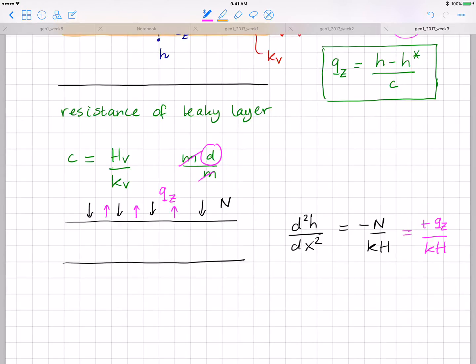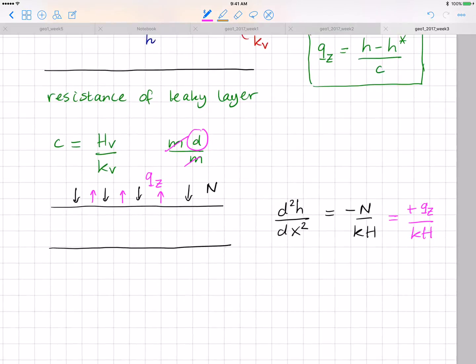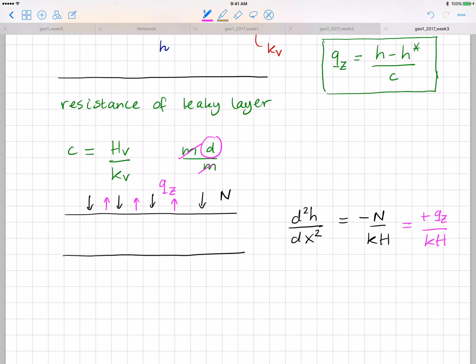And we have an equation for qz, which is right here in the top right hand corner in green, and we can substitute that in. So we have the second derivative of h with respect to x squared is equal to qz, h minus h star divided by c, times k times h. And this is often written in a slightly different form.